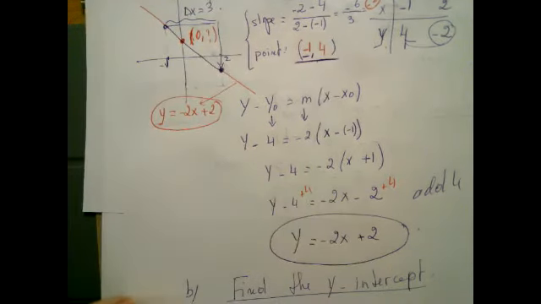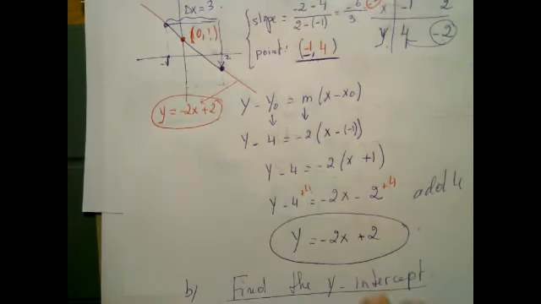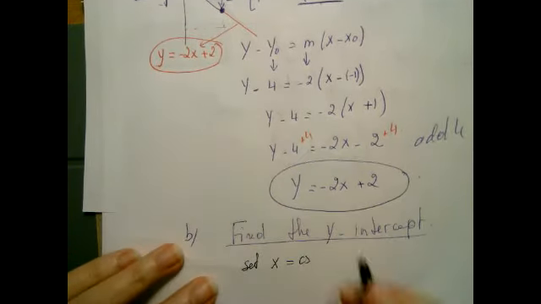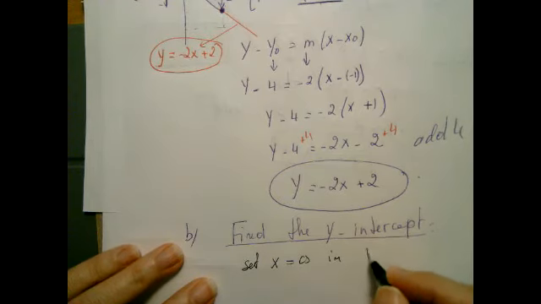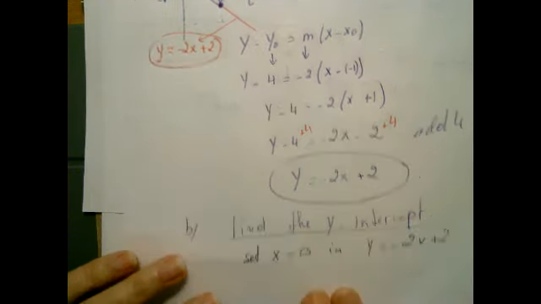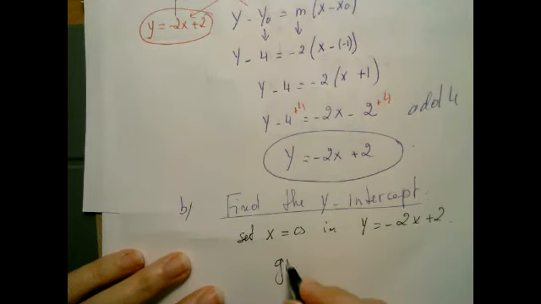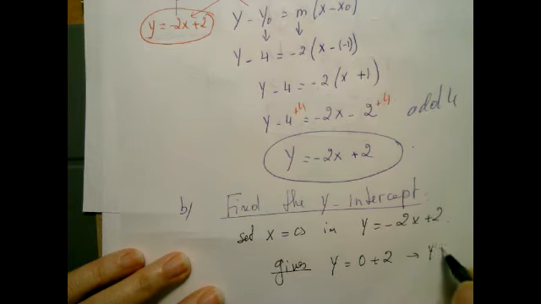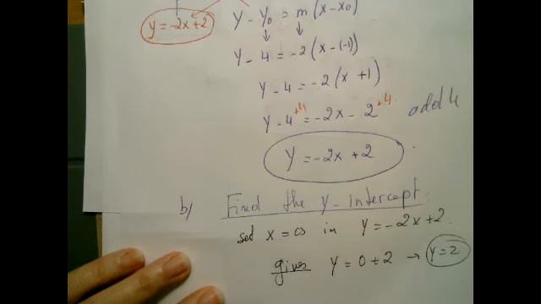So to find the y-intercept, we set x equal to 0. We don't solve for 0, we set x equal to 0 in the equation of the line. So this will give us y equals 0 plus 2. It means my y equals 2.